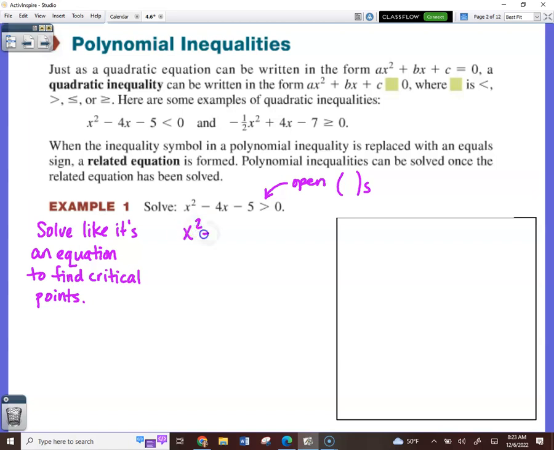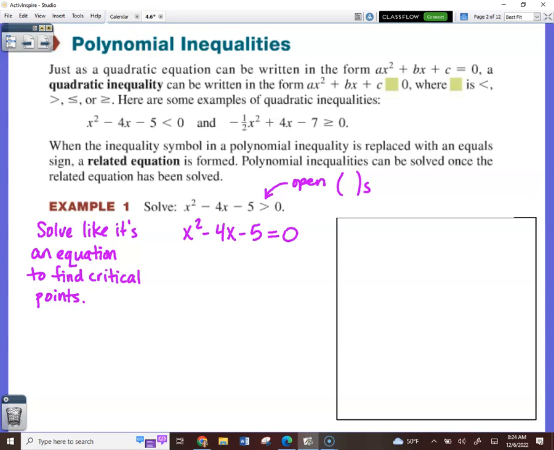We're going to say this is x squared minus 4x minus 5 equals 0. We're going to solve it by factoring. So you factor it real quick. Factors of negative 5 that add up to negative 4.